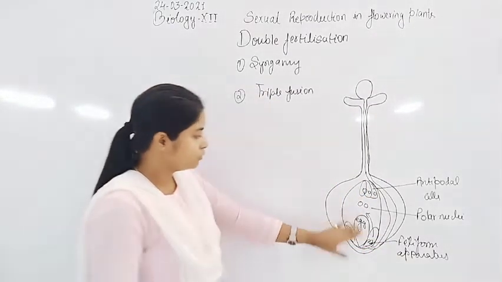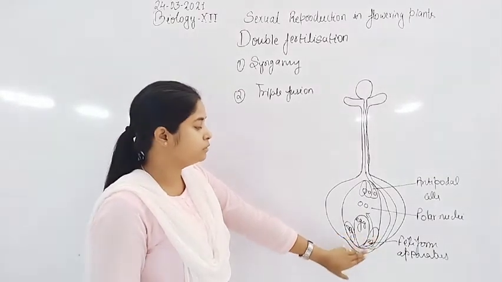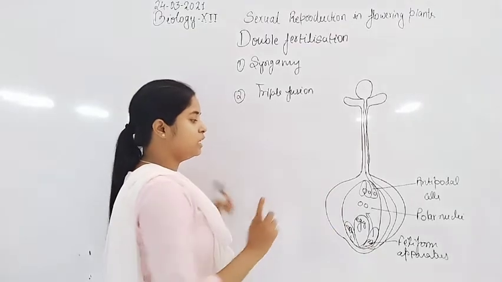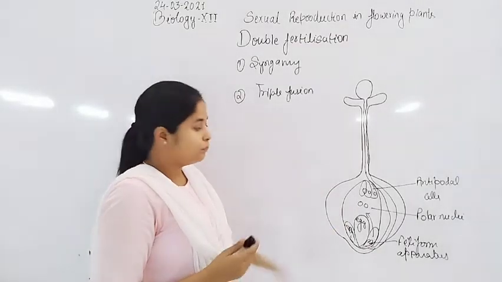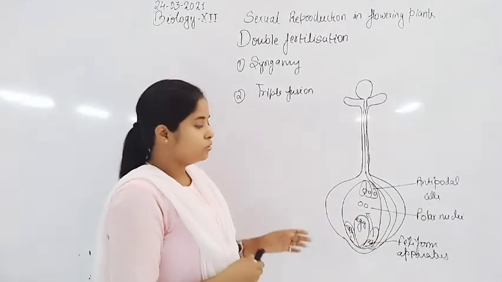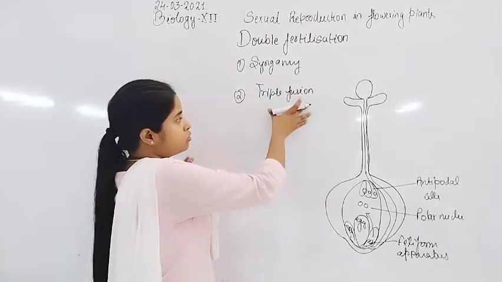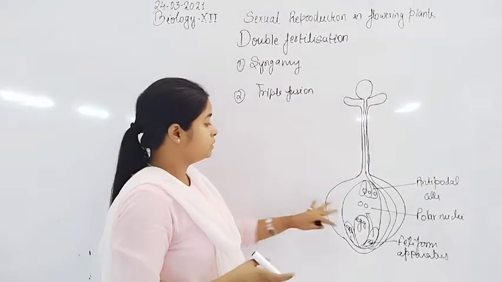They transfer one of the two sperms to the center, so it fuses with the two polar nuclei. Finally, the fusion of three nuclei is also known as triple fusion.